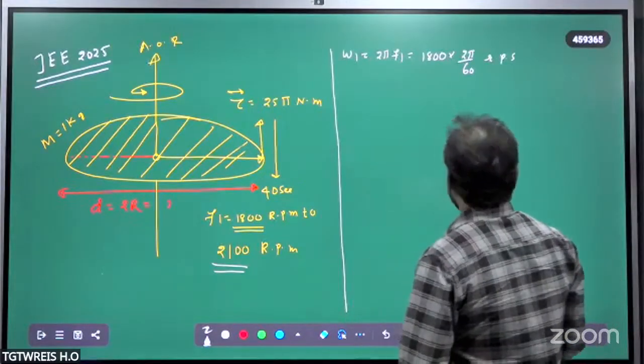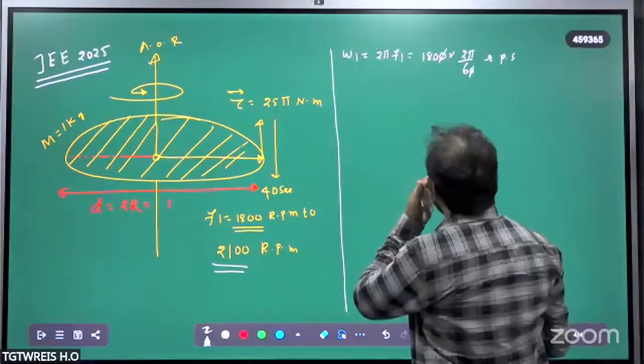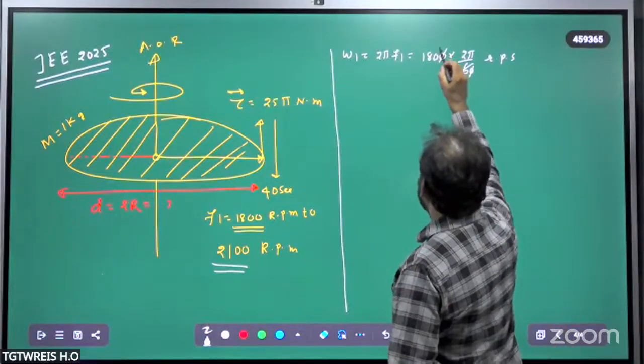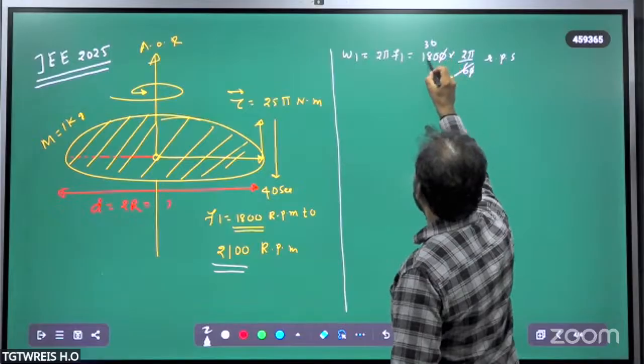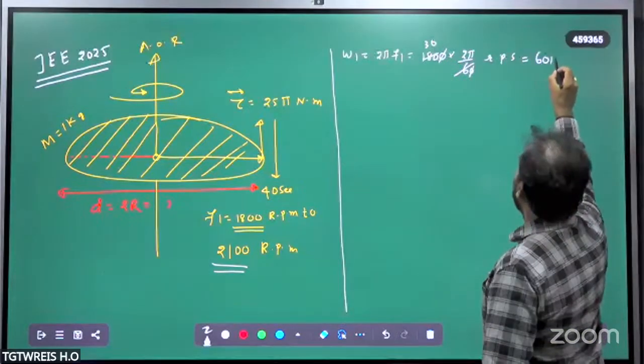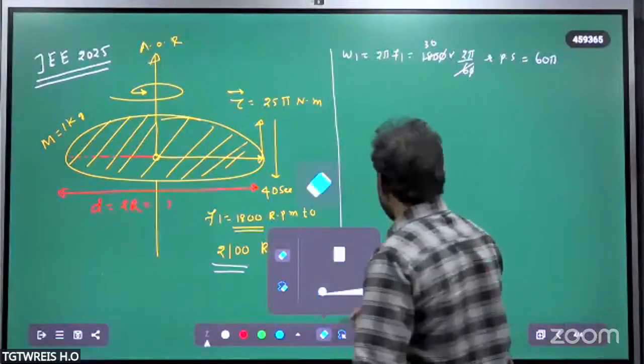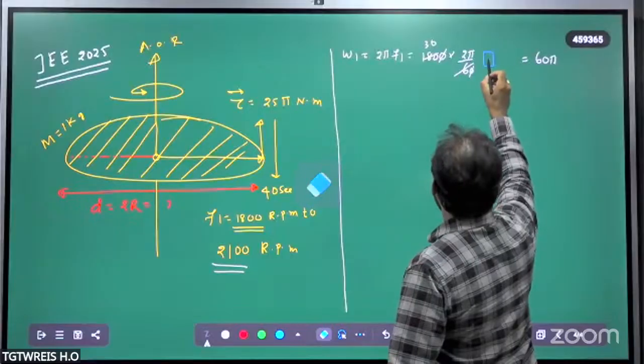The 0 gets cancelled out. 6 1s are 6, 6 3s are 18. That is equal to 60 pi. Omega is 60 pi radians per second.